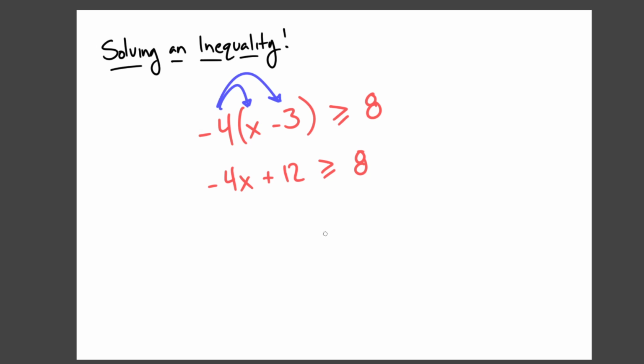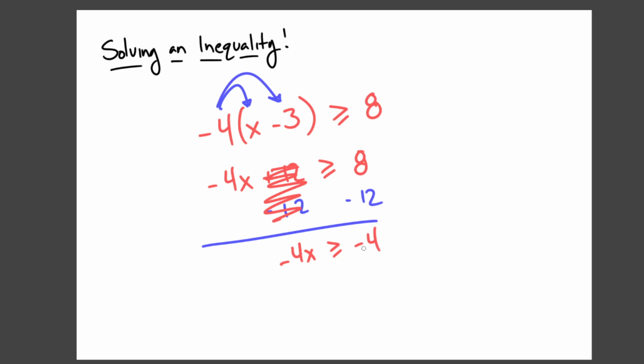From this point, minus 12 from both sides, which will give me, these guys will cancel out, leaving me with just negative 4x is greater than or equal to 8 minus 12, which gives me negative 4. At this point, I have to divide this side by negative 4, divide this side by negative 4. On my left, these two cancel out, leaving me with just x.